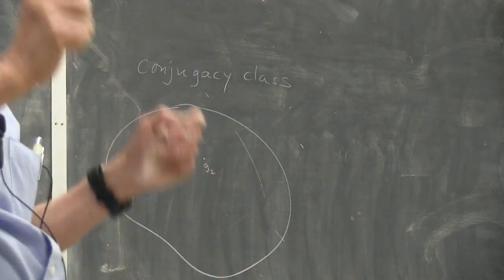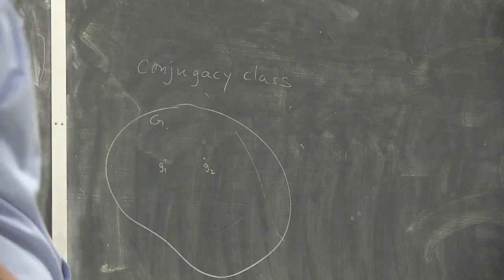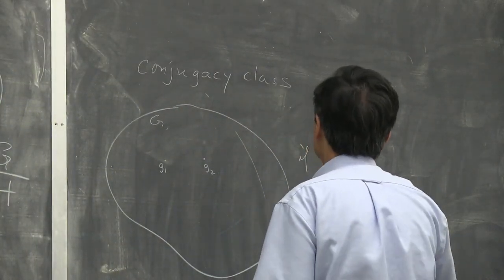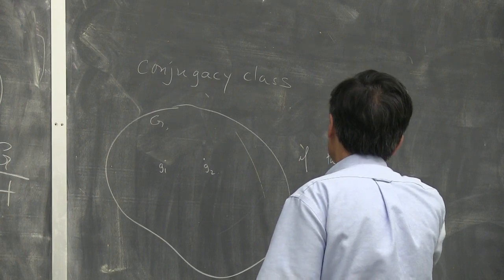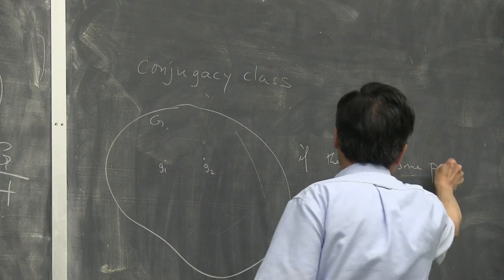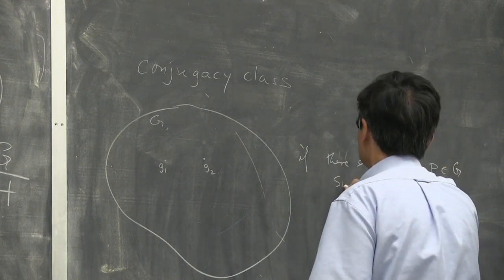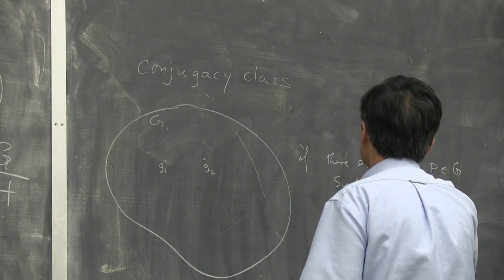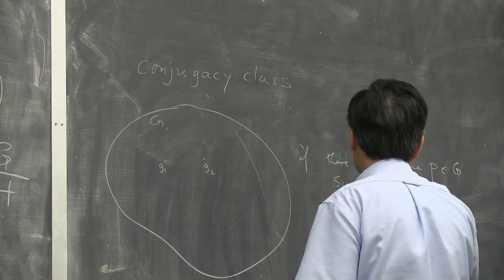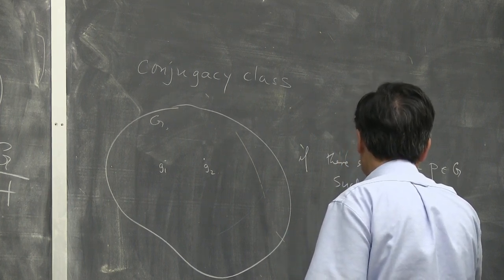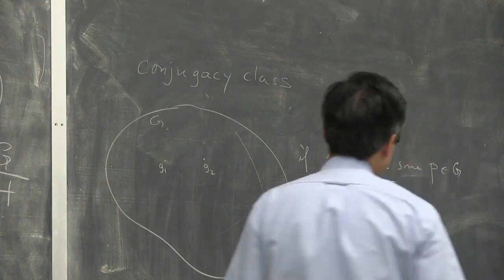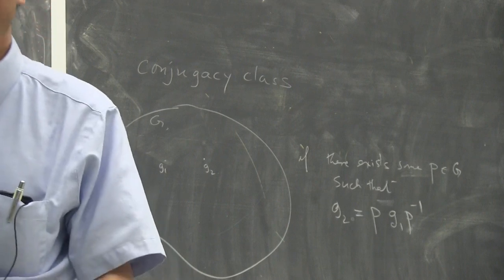They are said to belong to the same conjugacy class if there exists some P in G such that the 2 are related to each other by the similarity transformation produced by P.